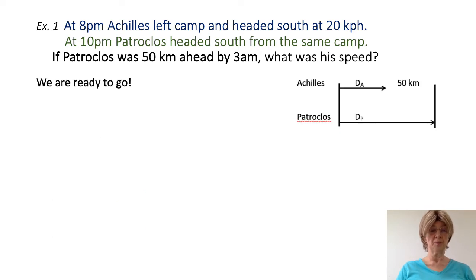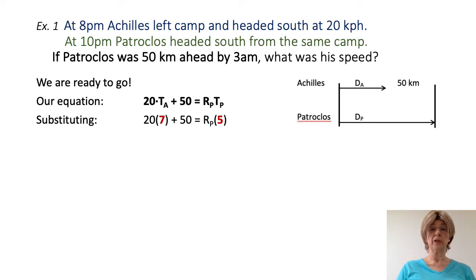We're ready to go. Our equation so far, 20 T sub A plus 50 equals R sub P T sub P. And we're going to substitute the hours that we figured out in the last slide. So we have 20 times 7 plus 50 equals R sub P times 5.